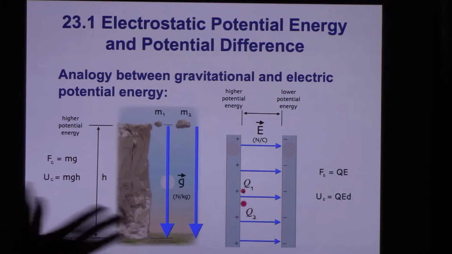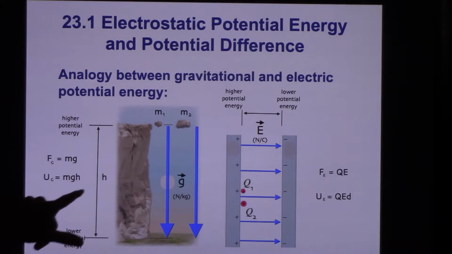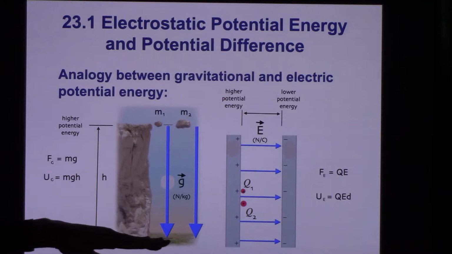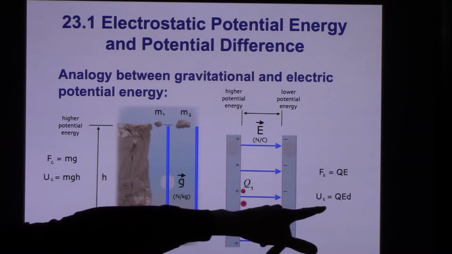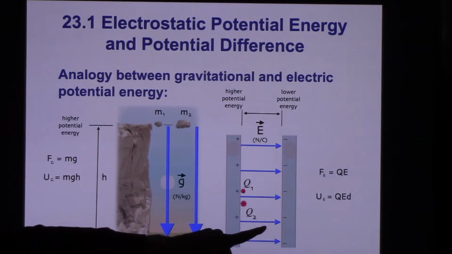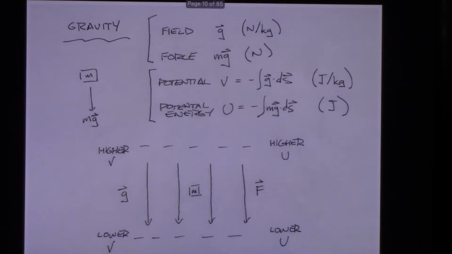So it just switches which side's lower and which side's higher. Now, it's worth reminding ourselves that this mgh represents the difference in potential energy from top to bottom, as well as over here, QED tells us how much additional potential energy is there on one side compared with the other. So these are just keeping track of differences.